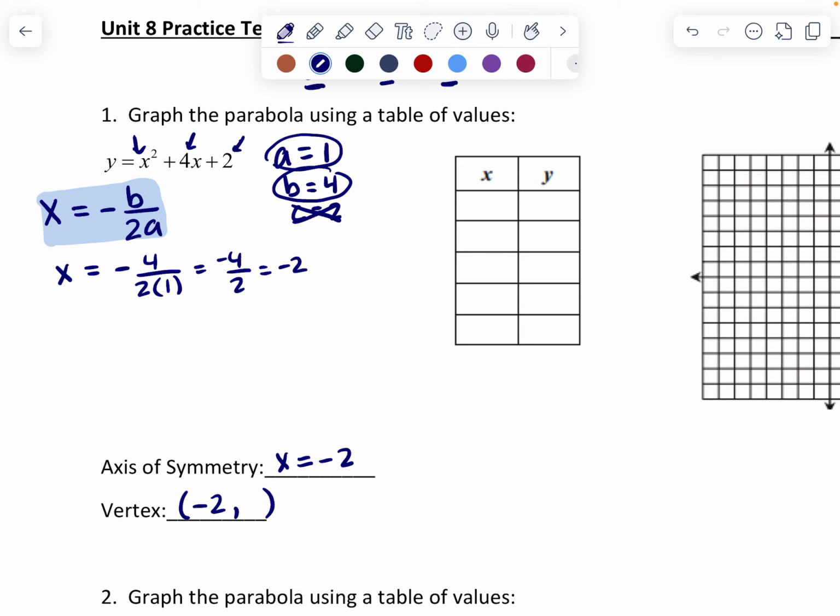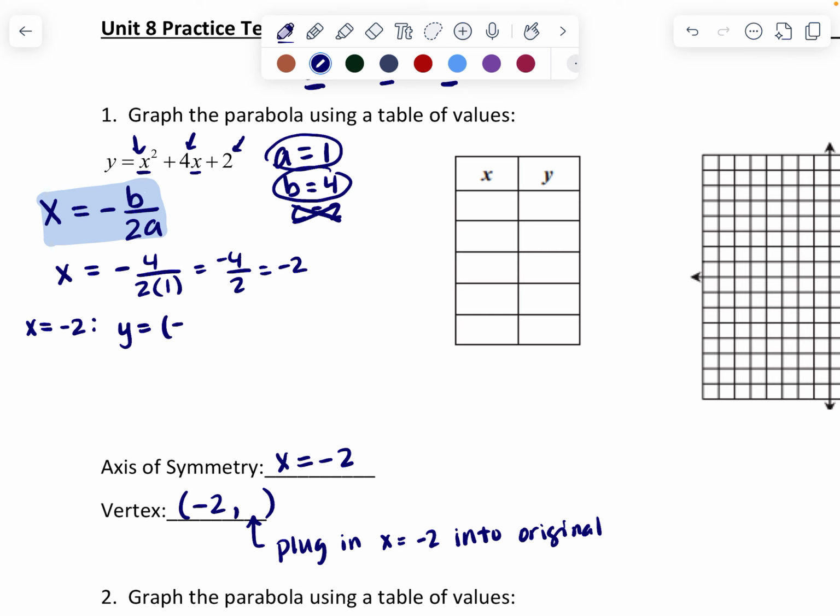Now, how do you find the y value? So to find this, you're going to plug in x equals negative 2 into the original. Okay, so into your original parabola, which was y equals x squared plus 4x plus 2. So let's go ahead and do it. So when x equals negative 2, okay, y is going to equal, so I'm just going to go in here and replace all of these x's here with a negative 2.